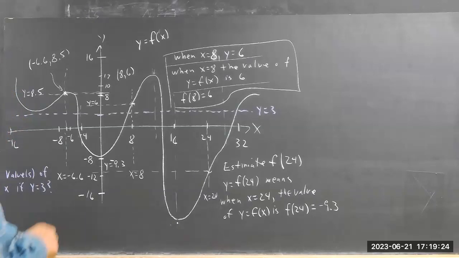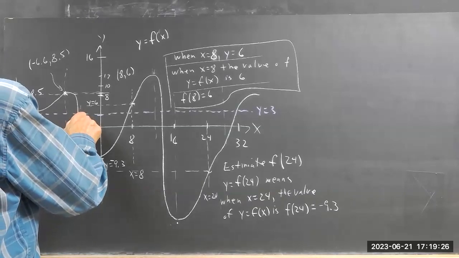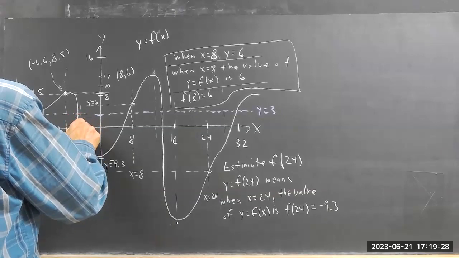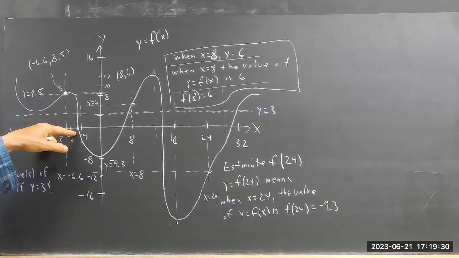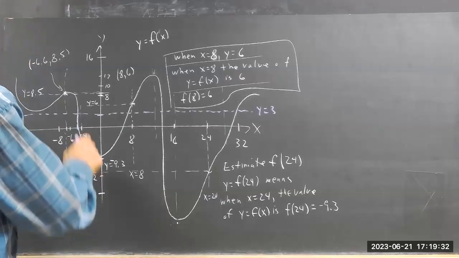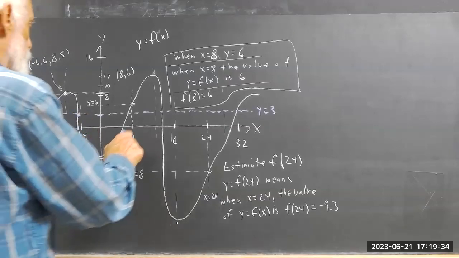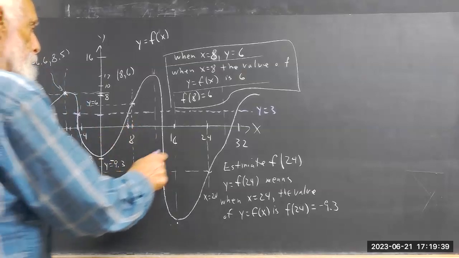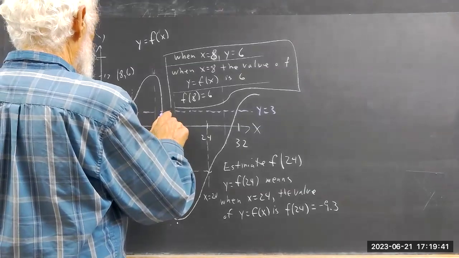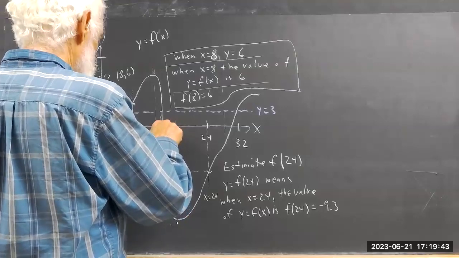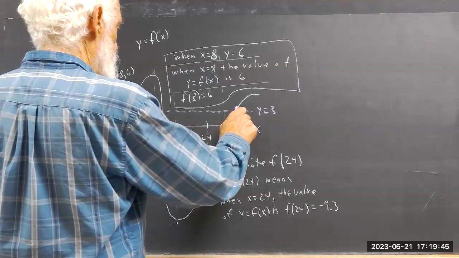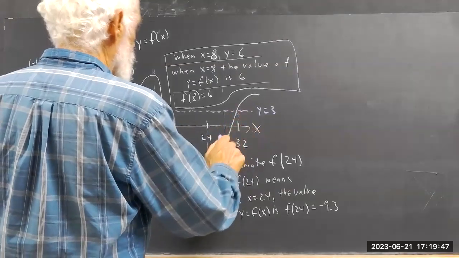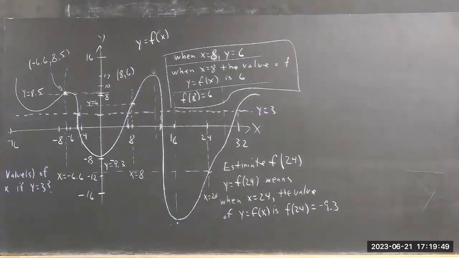In this case, right here is an x value that corresponds to y equals 3. Here's another one. Here's another one. And it looks like maybe we hit 32 in that.